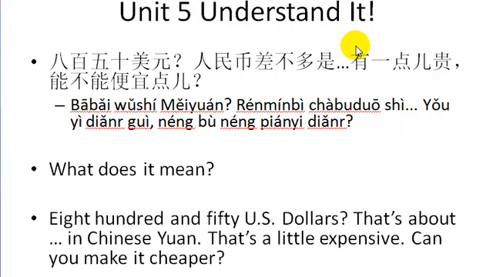They probably don't give a specific amount here because the currency value is always changing between 美元 and 人民币, so they just left out an amount. And 有一点儿贵, that's a little expensive. 能不能便宜点儿? Can you make it cheaper?